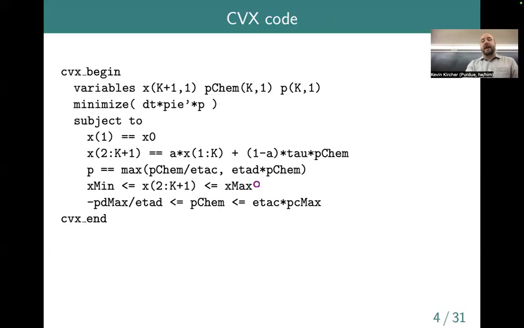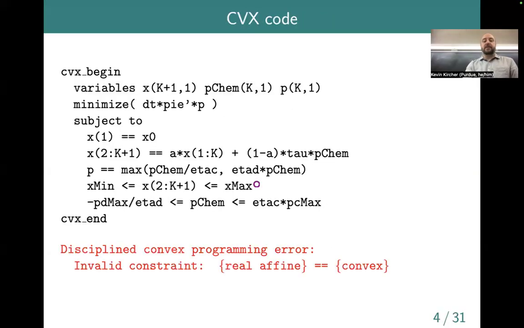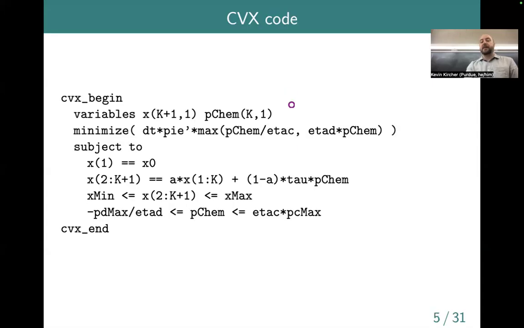So a solution to this problem is just to delete this constraint. And P only shows up in one other place in this whole optimization problem, which is in the objective function. So if we just take the right-hand side of this equation and substitute it in for P, then we can delete P as a decision variable, and we get a convex problem.